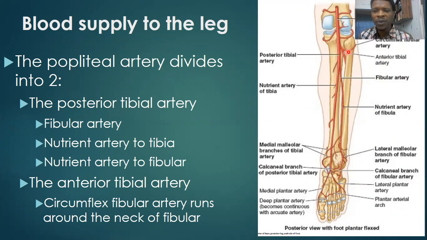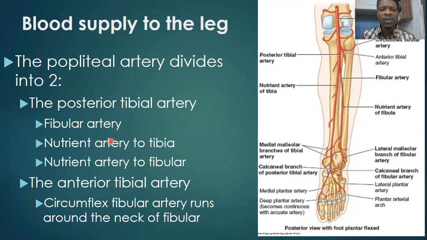While we have the anterior tibial artery, which bifurcates immediately and forms the circumflex fibular artery, which would circumflex around the neck of the fibula. Again, that makes it susceptible to injury because it is very superficial. It circumflexes around there with the common fibular nerve too. So any injury to the neck of the fibula would damage the nerve and this blood vessel, and that could lead to a lot of hemorrhage.